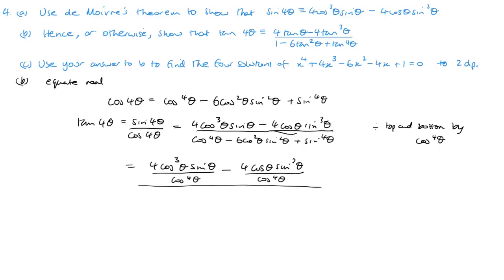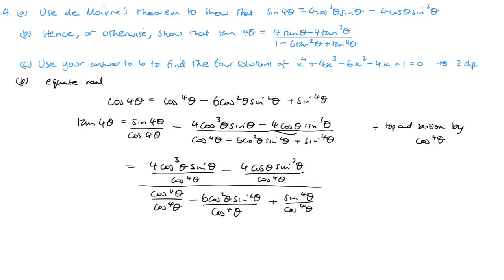And all that is over cos to the power 4 theta over cos to the power 4 theta, minus 6 cos squared theta sine squared theta over cos to the power 4 theta, plus sine to the power 4 theta over cos to the power 4 theta.